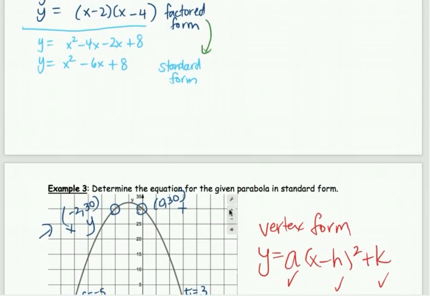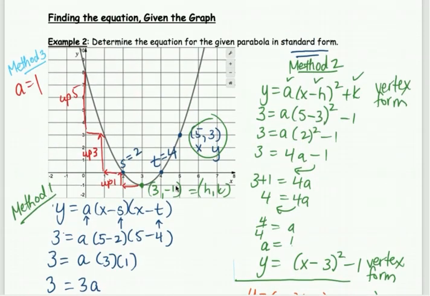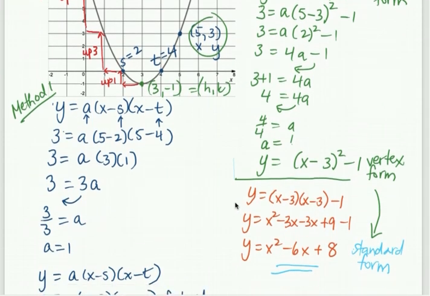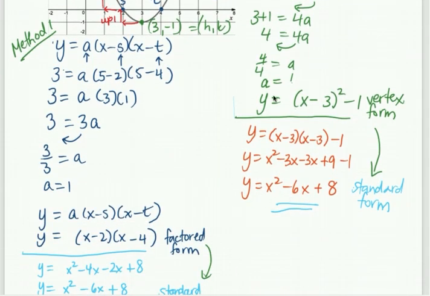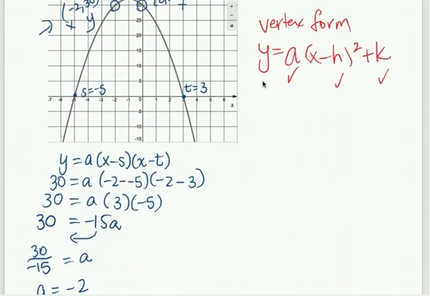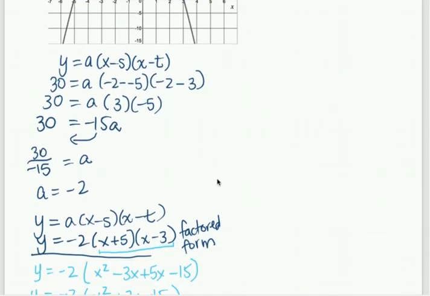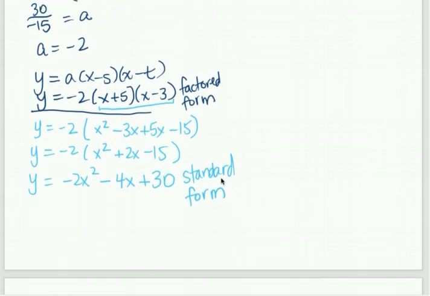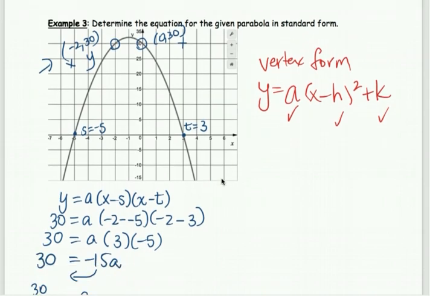And I know the one above here, we were able to build the vertex form because we had a nice vertex, we had the step pattern and so forth, so we can get to standard form that way as well. But sometimes the vertex form doesn't work great if it's not some nice perfect vertex point. All right, so hopefully after that you feel pretty confident.